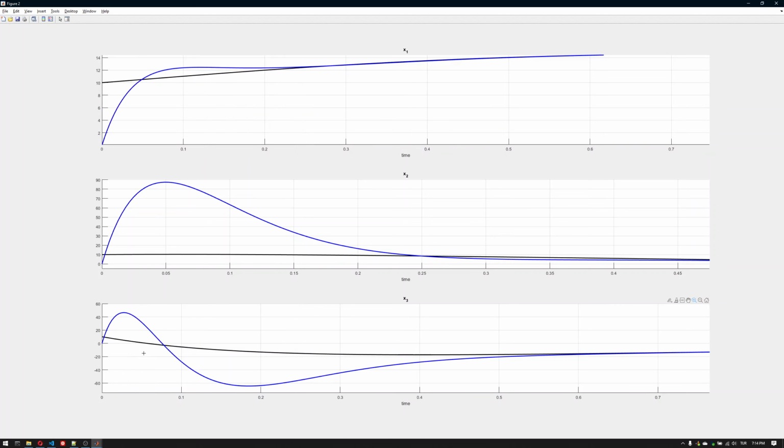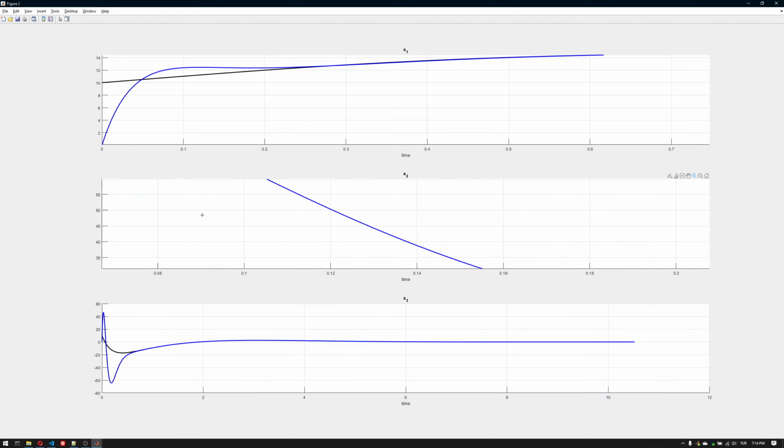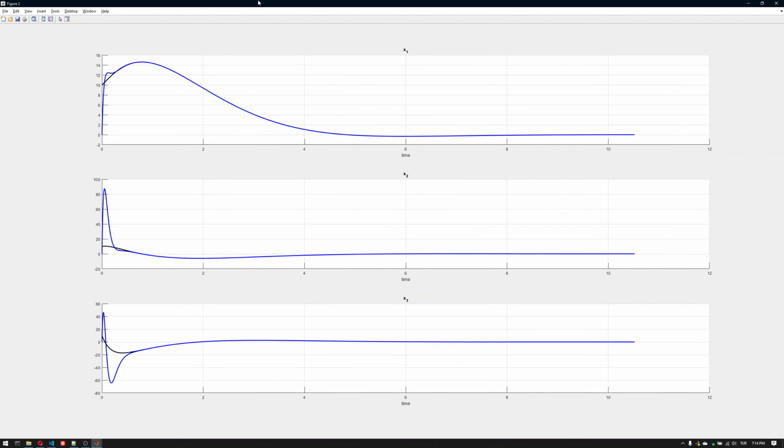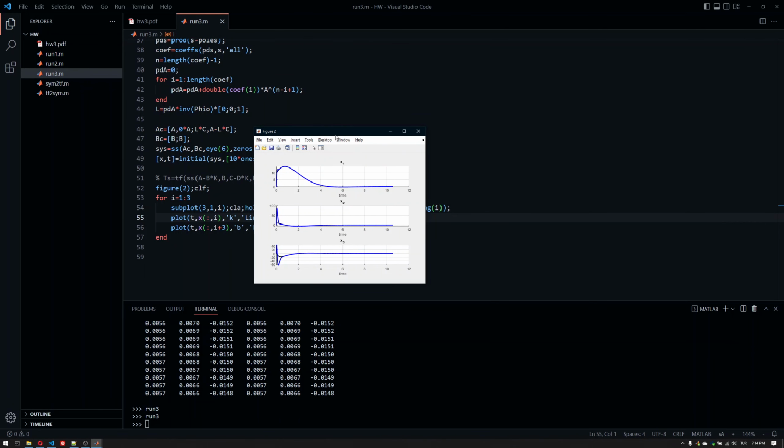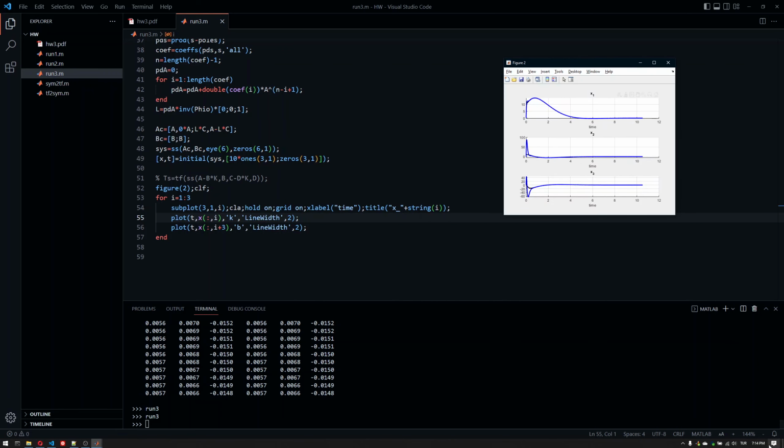You can see that the initial conditions are quite important. Therefore, we should be aware of that. The faster the system is, the even faster we should design the observer to avoid these possible effects.